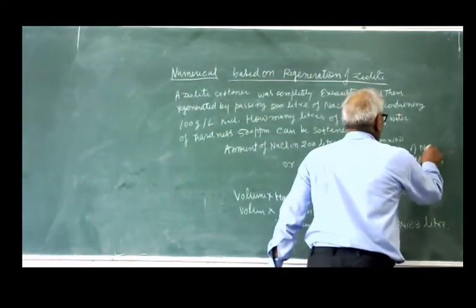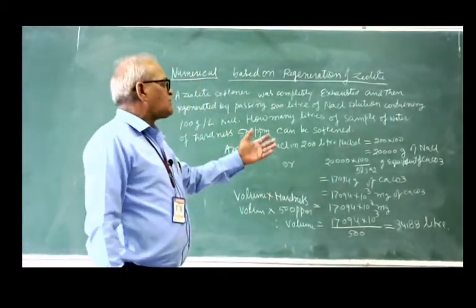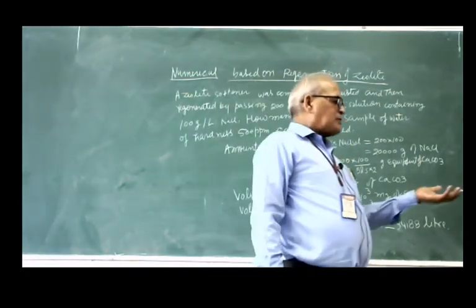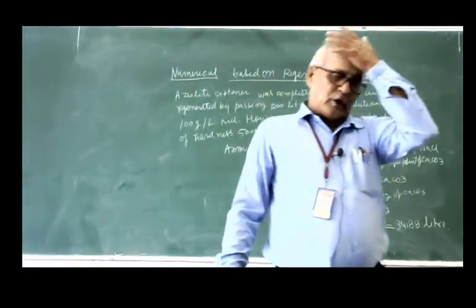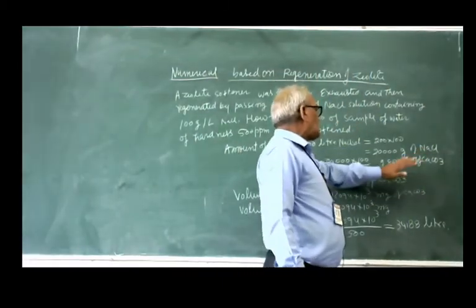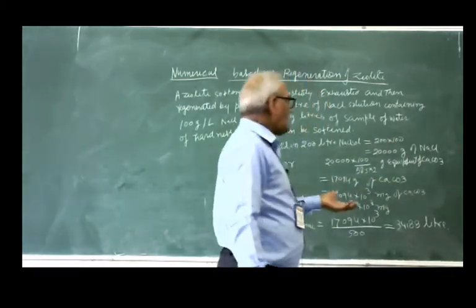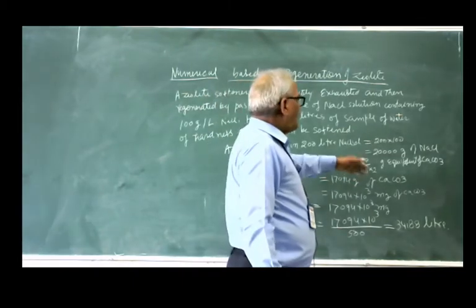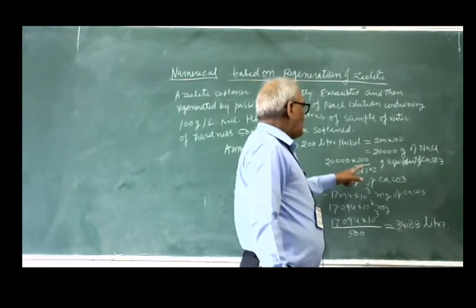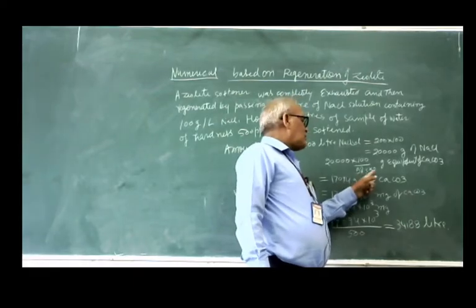But as we know, hardness is always measured in terms of equivalents of calcium carbonate, in terms of equivalent weight of calcium carbonate. So we have to change the amount of sodium chloride in terms of the gram equivalent weight of calcium carbonate. How can we change it? You multiply by the molecular weight of calcium carbonate and divide by the molecular weight of sodium chloride multiplied by 2.